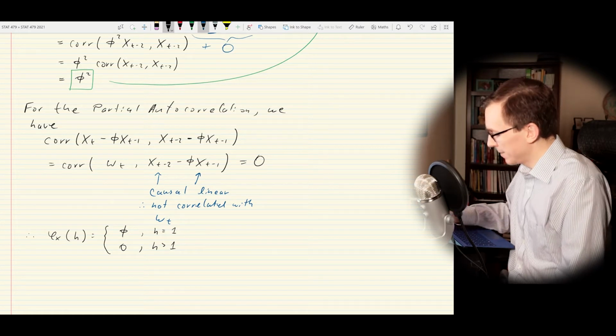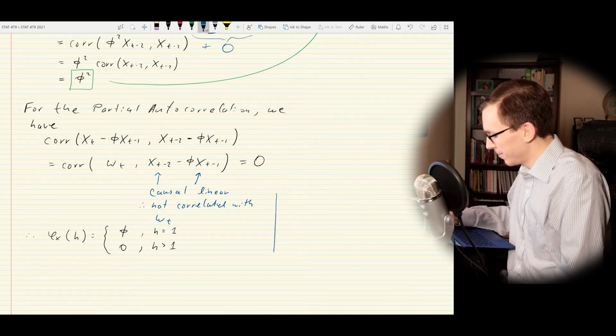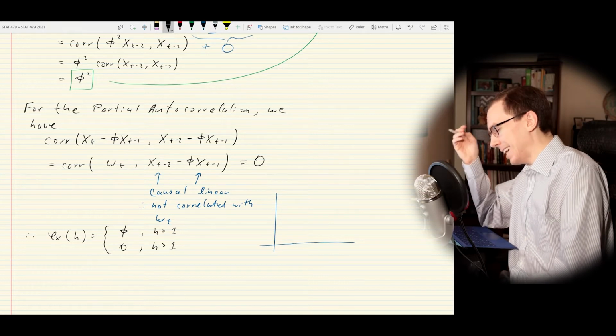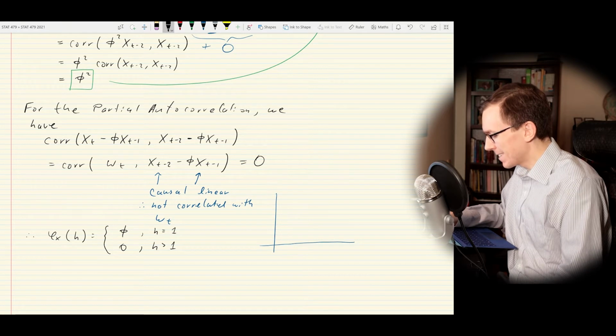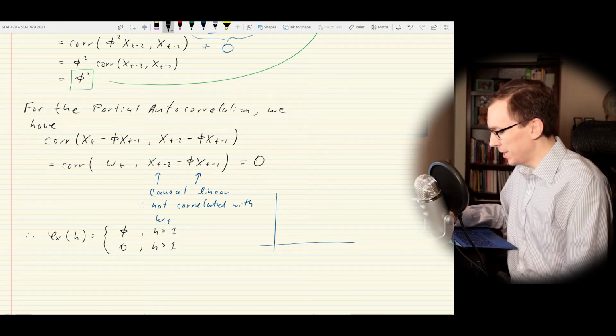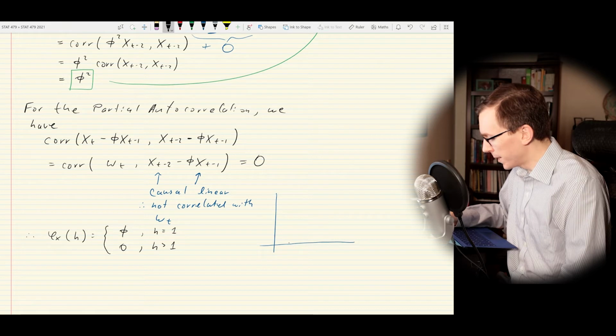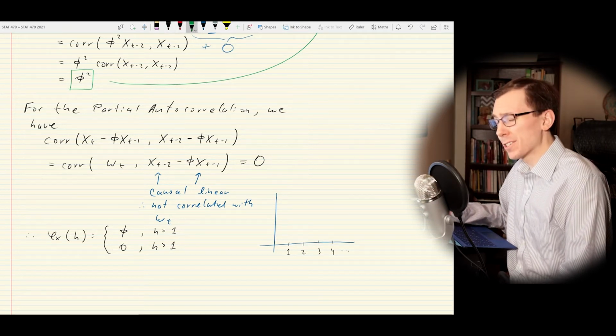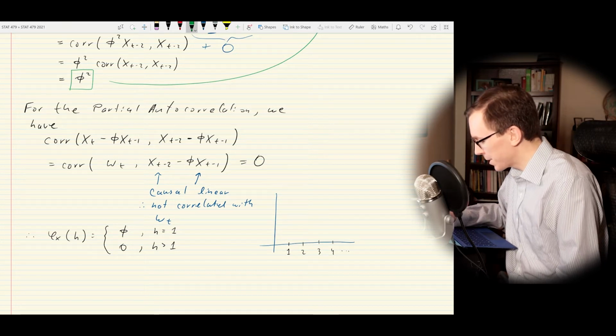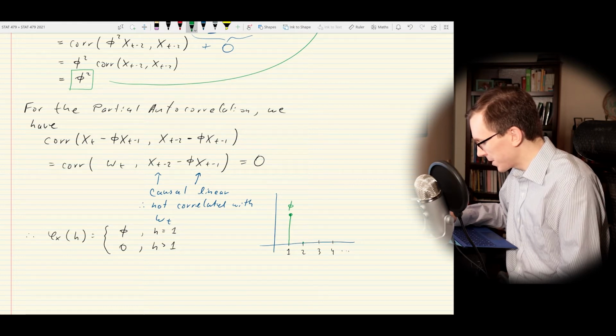And our plot looks quite nice, because I guess technically at lag 0 we would have a 1 there, but typically when you compute the PACF, you just start at lag 1. Well, I guess you could define it to be 1, much like we do in the ACF case. But basically we have a spike at phi here, and then we just have zeros all the way off to infinity.